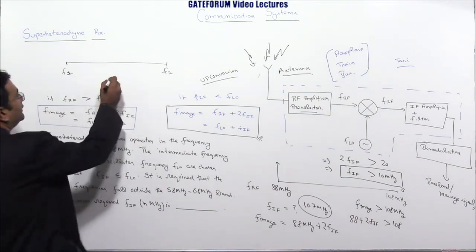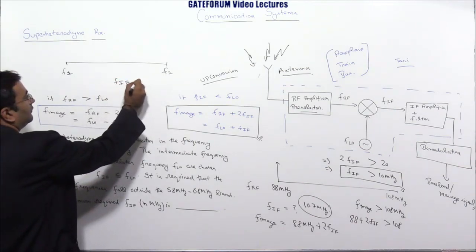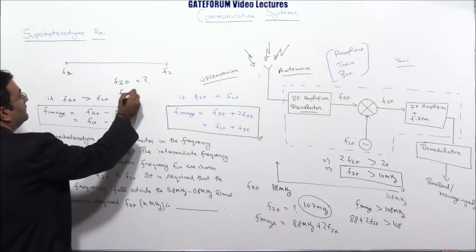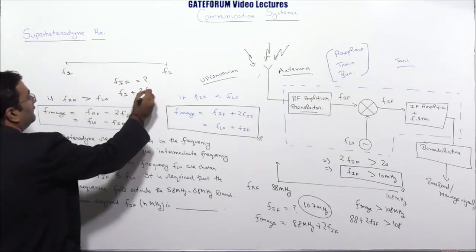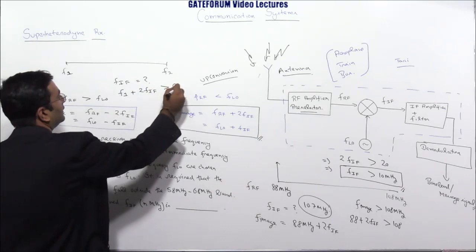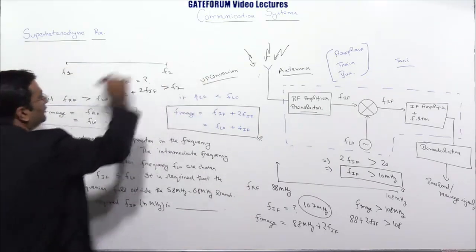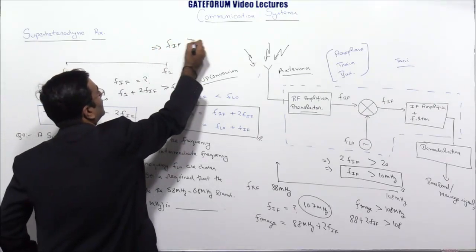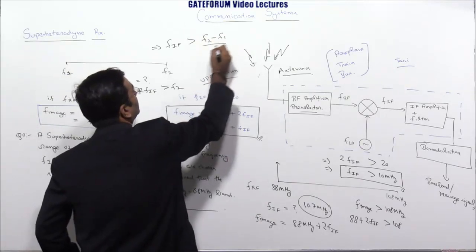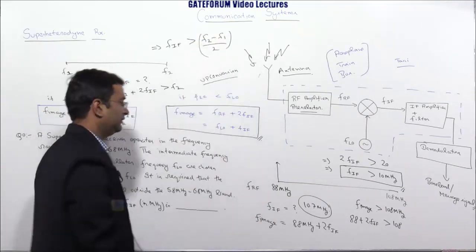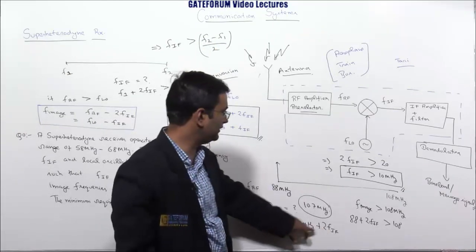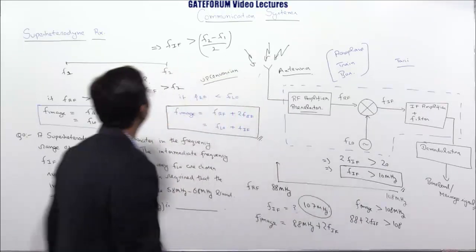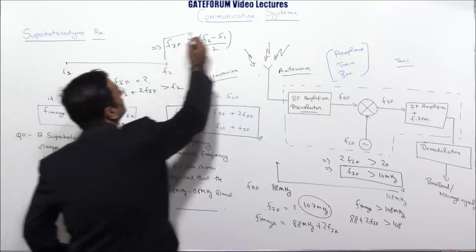Now let's say FIF is what we want to know. Now we know that the image F1 plus 2FIF, if I am standing here, must be greater than F2 so that the image falls outside this. This implies FIF should be greater than (F2 minus F1) upon 2. Same thing as came in this case also: 108 megahertz minus 88 megahertz divided by 2, FIF should be greater than 10 megahertz, right? Same thing will come over here.